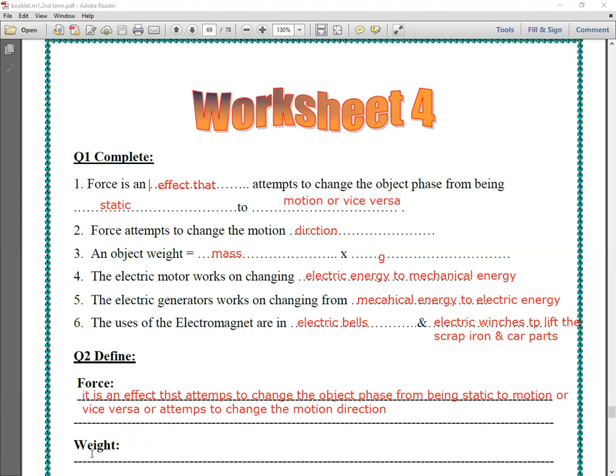Number two, the weight. What is the meaning of the weight?